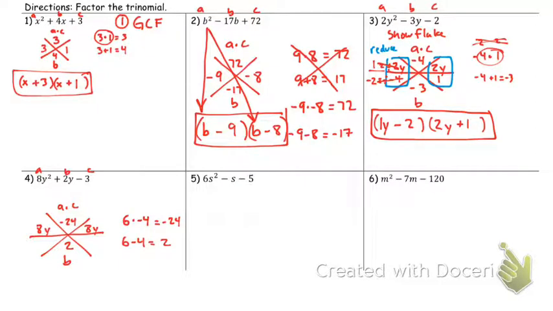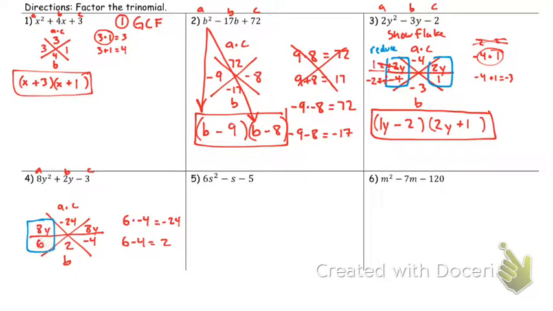So my magic pair is 6 and negative 4. It doesn't matter where you put them. Now before we finish this, we want to reduce these fractions if possible. The answer is you can reduce by 2 here.